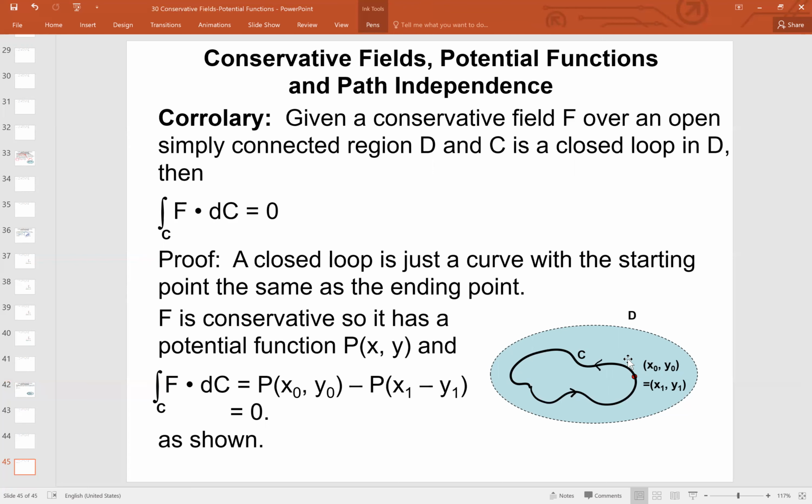Going uphill, the amount of work is the same as the work it takes for coming downhill. They cancel out. And that's why conservative fields and potential functions are nice in these situations.